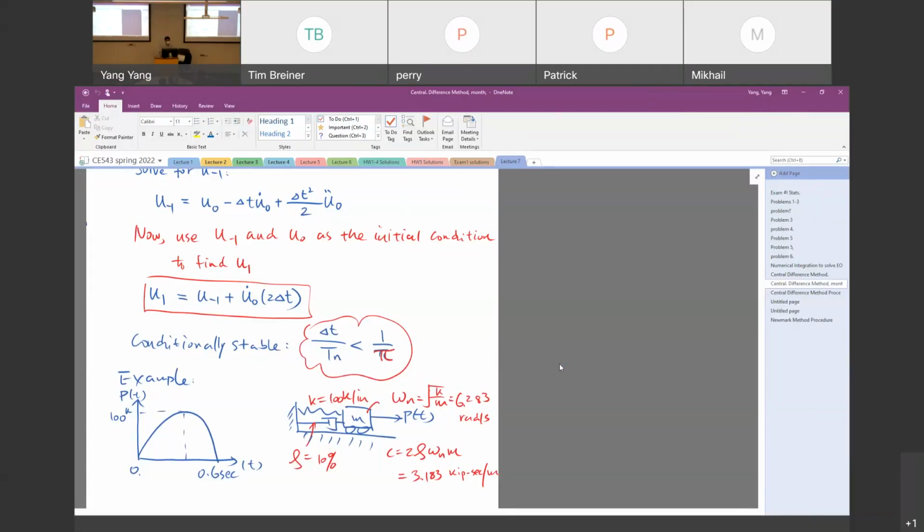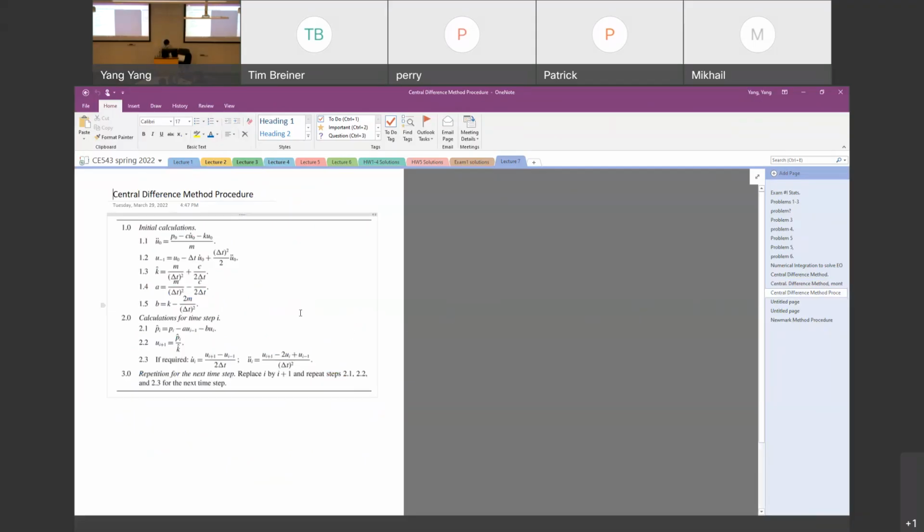So that means that integration will be very slow, very slow. So in that case, we may have to switch to another method called... and I also attached the central difference method procedure, the load shared to you.